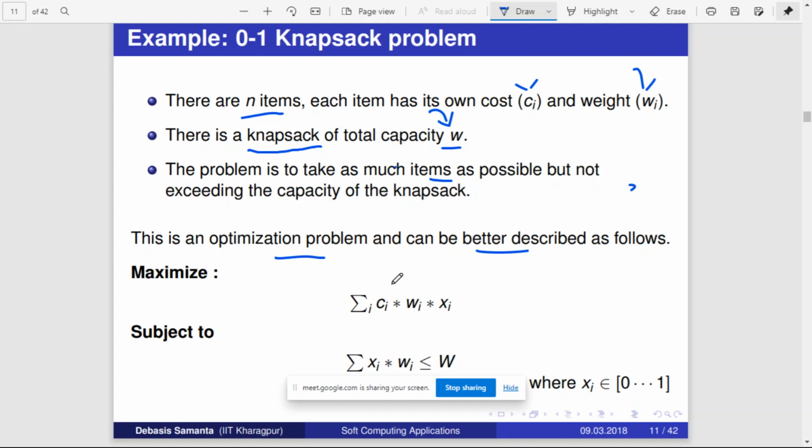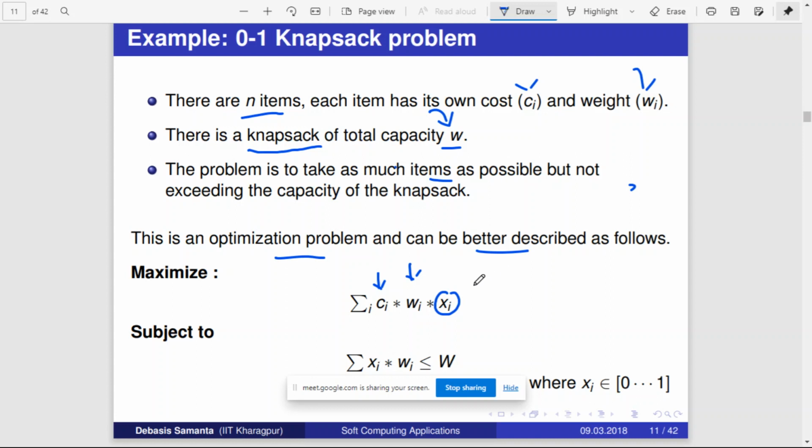Maximize sigma i equal to 1 to n of Ci Wi into Xi. Ci represents the cost of an item, Wi represents the weight of an item. Xi represents whether the thief has taken this item or not.